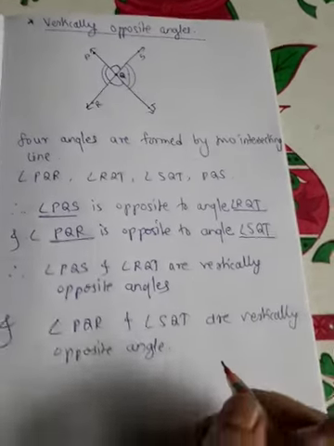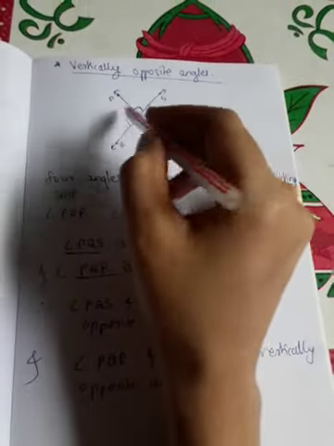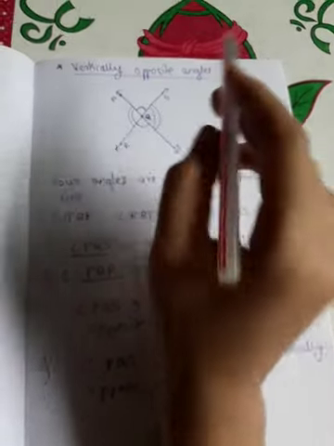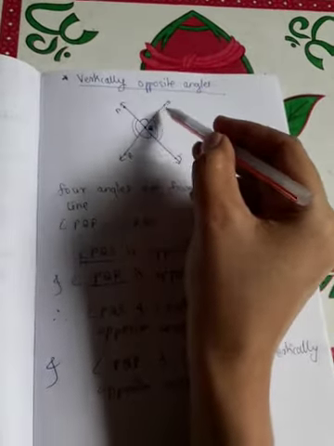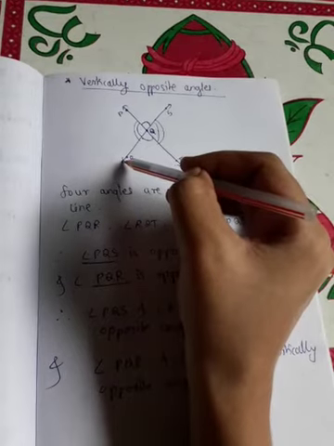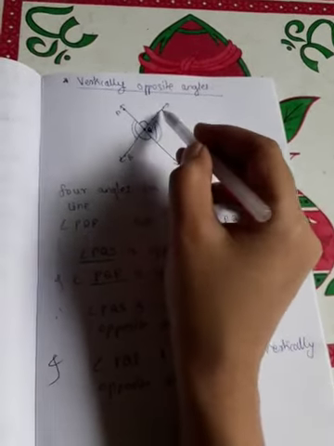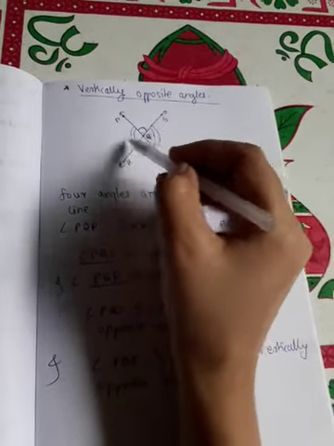So angles formed by two intersecting lines which are opposite are called vertically opposite angles. Here angle PQS is vertically opposite to angle RQT, and angle PQR and angle SQT are opposite angles.